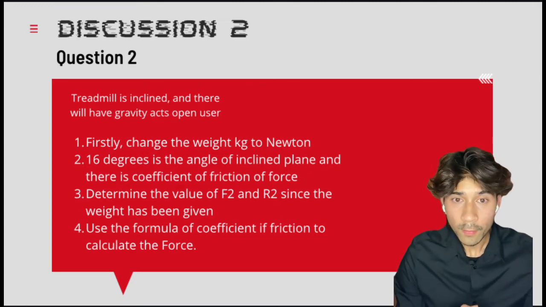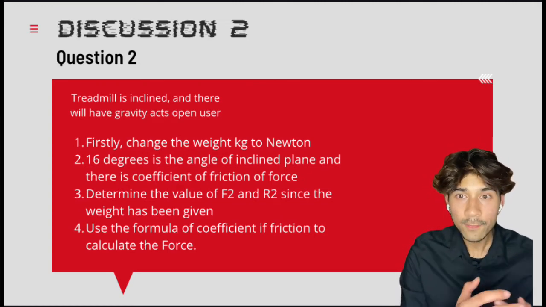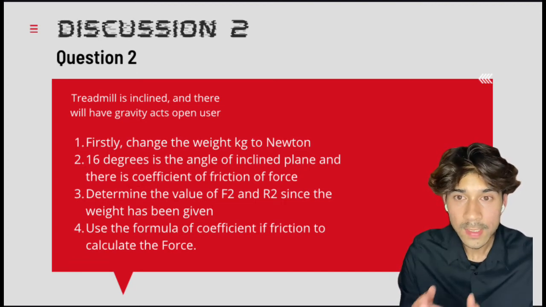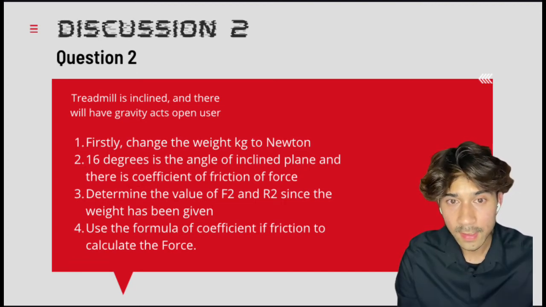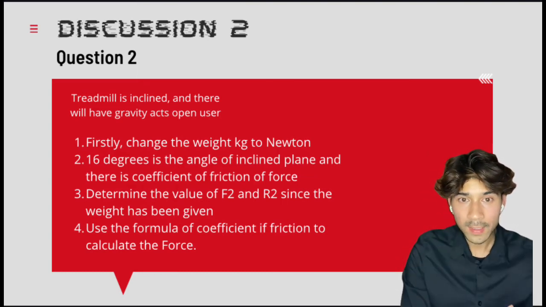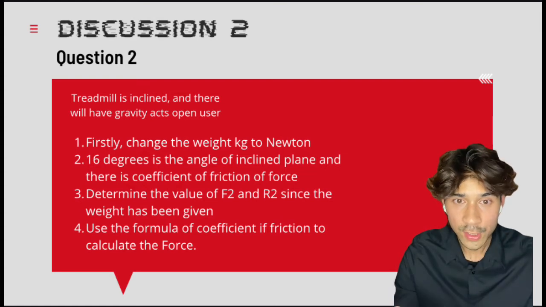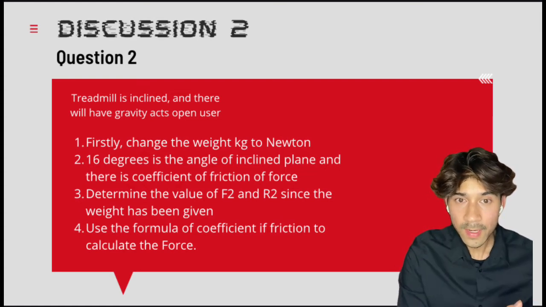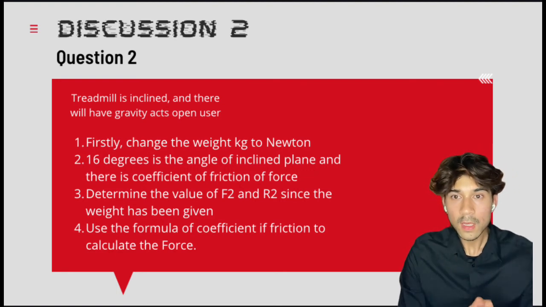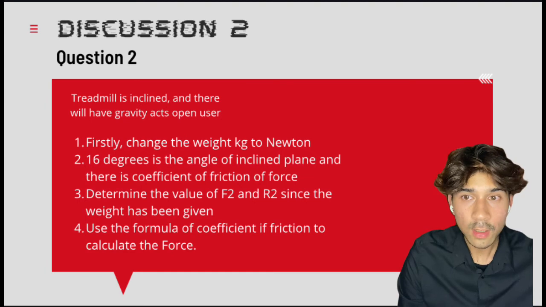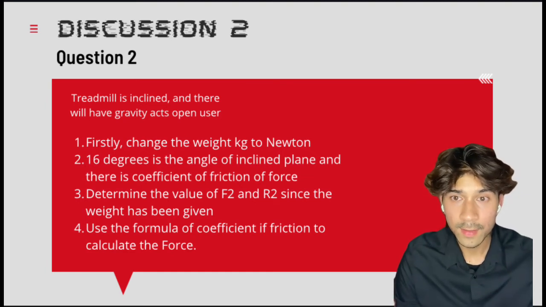Moving on to the next step, we have to determine the values of F2 and R2 since the weight has been given. F1 and R1 we can find from the question. All the explanation has been explained by KHAIRUL. The last step is to use the formula of coefficient of friction to calculate the force.